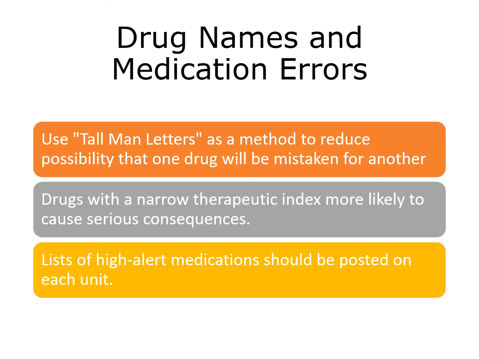But this is partly why we do peak and trough levels of many of these drugs. So for example, we can take a theophylline drug level. We can do aminoglycoside drug levels. We can do vancomycin drug levels. So high toxicity drugs, we often have the ability to take a drug level to double check it.